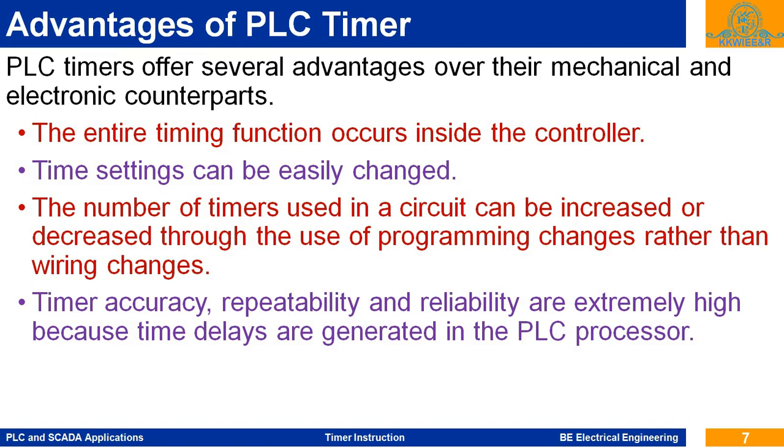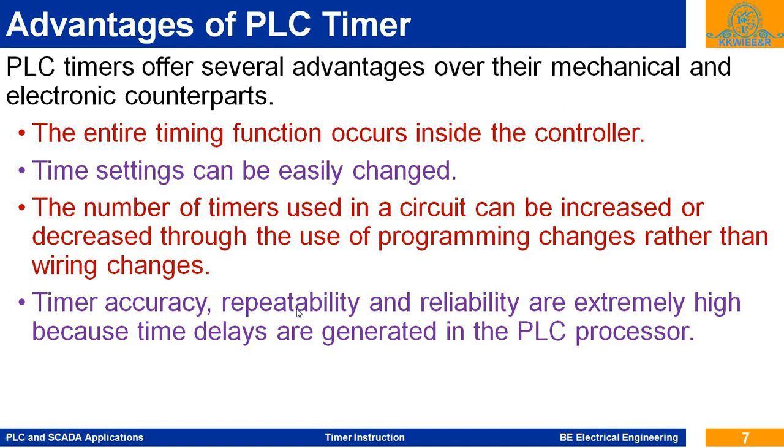Repeatability in a pneumatic timer depends on the environmental conditions and the quality of air. If humidity is there, or if the air is dry, there is a slight change in the operation of the delayed contact.